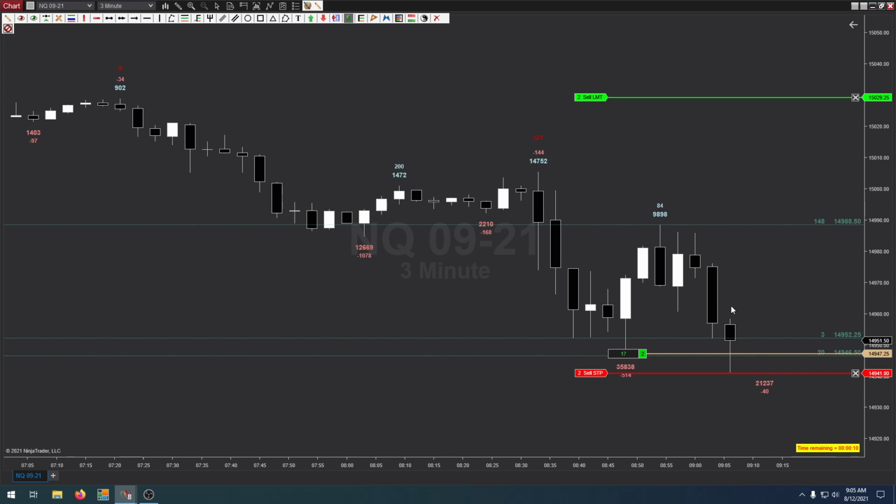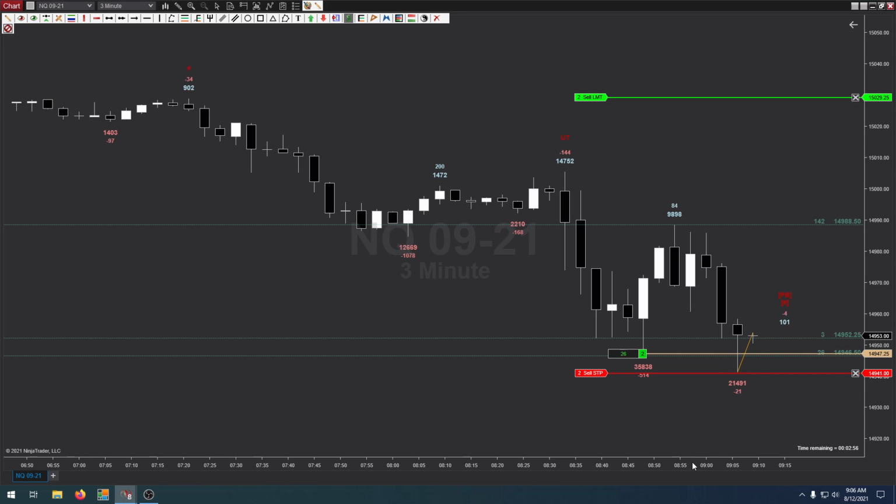Wait to see what happens here before I... This is the high we need to go after right here. We need to go after that high. Okay, we did close above it and retested it.